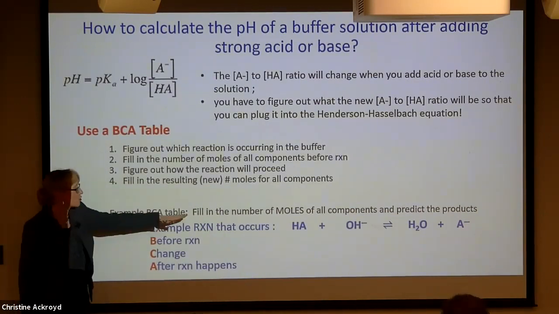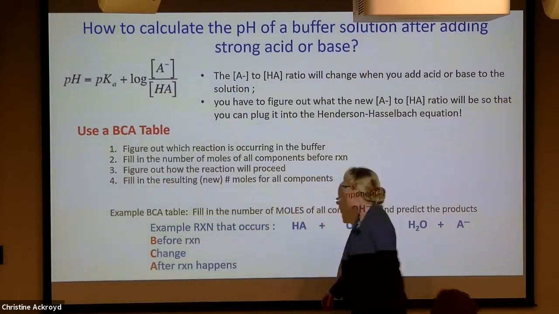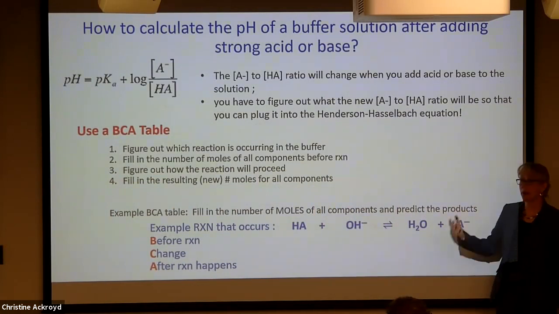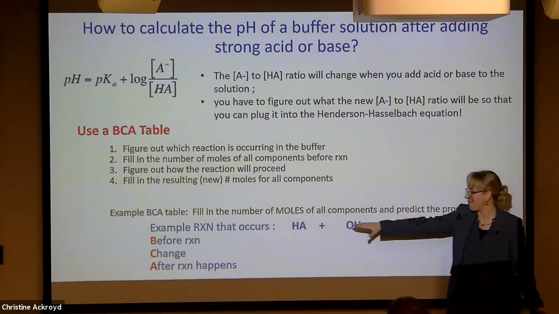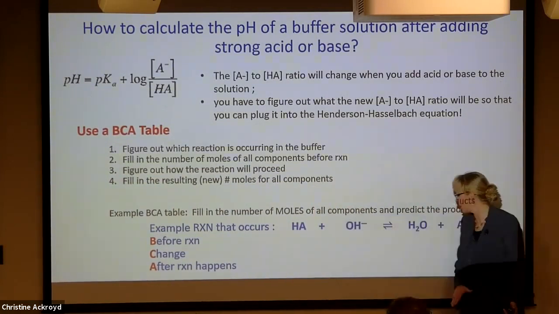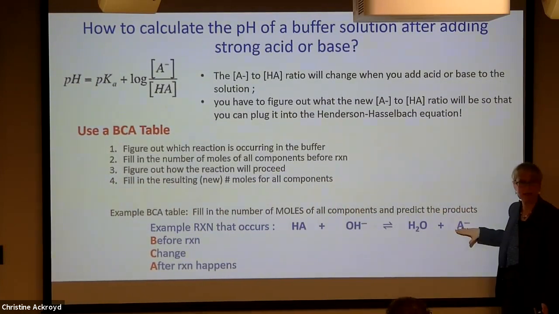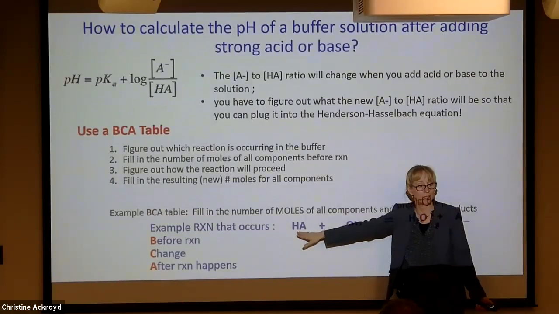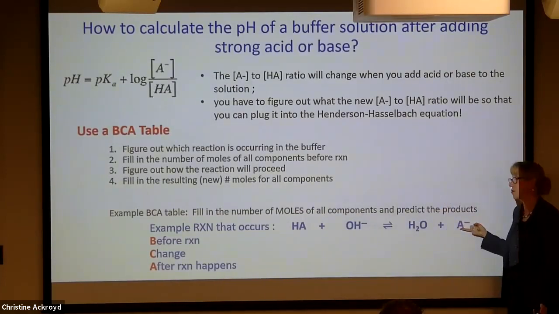Okay, so if we're adding strong base to our buffer pair, in the buffer pair I have HA, my acidic component, and A minus, my basic component. The base that you add is going to react with your acidic component to create more of your basic component.